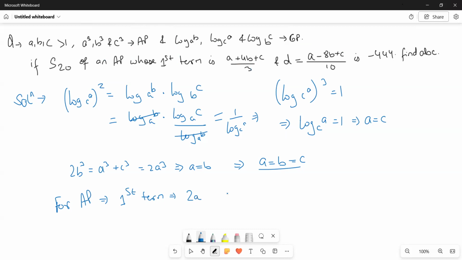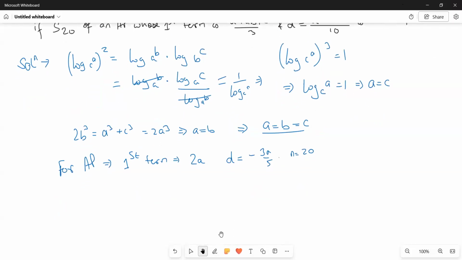And what about the common difference? तो 2A minus 8A, तो 6A minus 6A by 10. Minus 3A by 5. And number of terms 20 है ये.